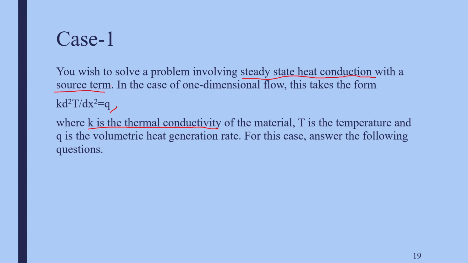So what is given? You wish to solve a problem involving steady state heat conduction with the source term. In the case of one dimensional flow, this takes the form Q is equal to k d square T by dx square, where k is the thermal conductivity of the material, T is the temperature, and Q is the volumetric heat generation rate. Based on this case, we will have a few questions.